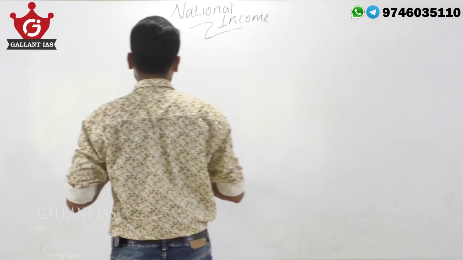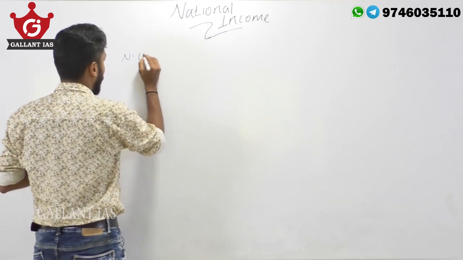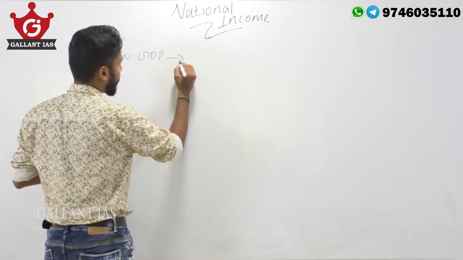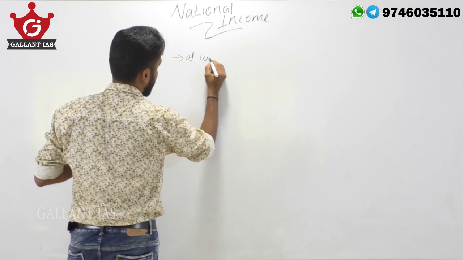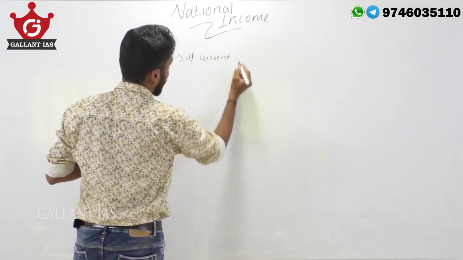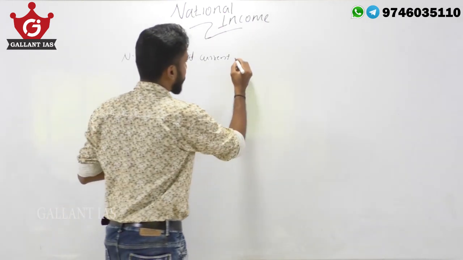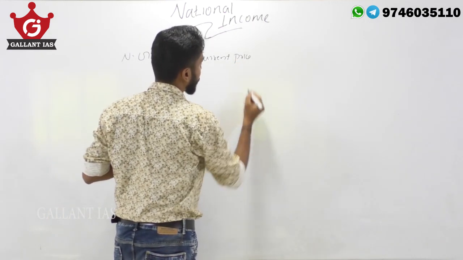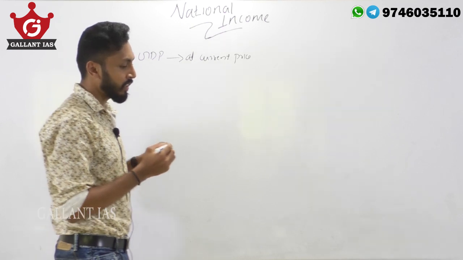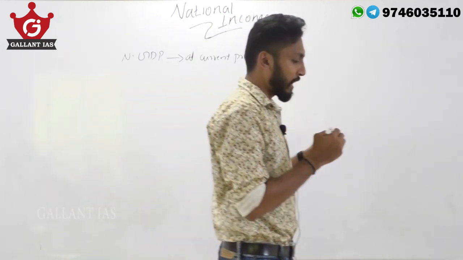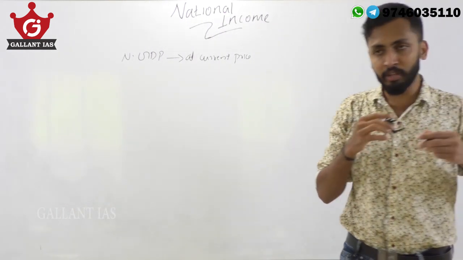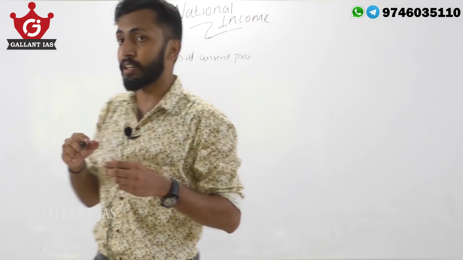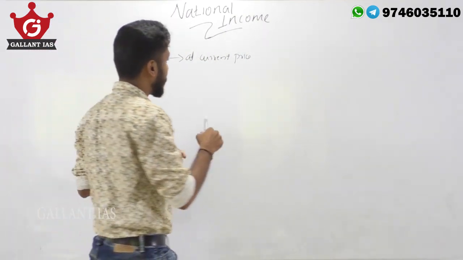Nominal GDP is calculated at current price. For example, when we calculate nominal GDP of 2090, we take the commodity prices of 2090 to calculate GDP.